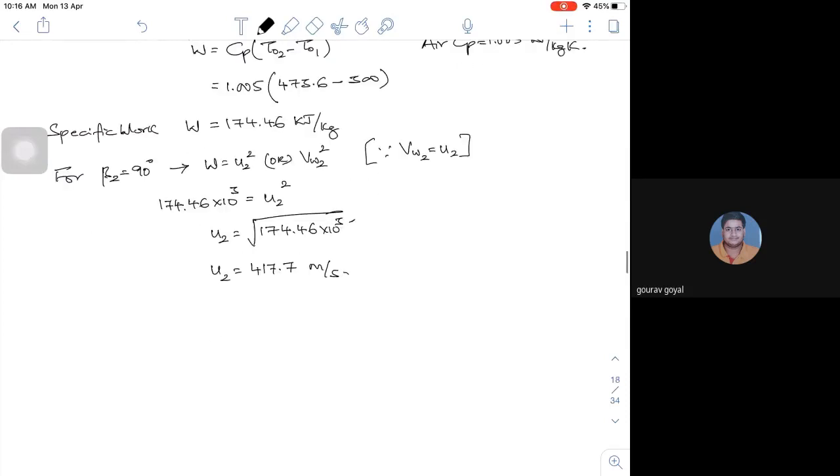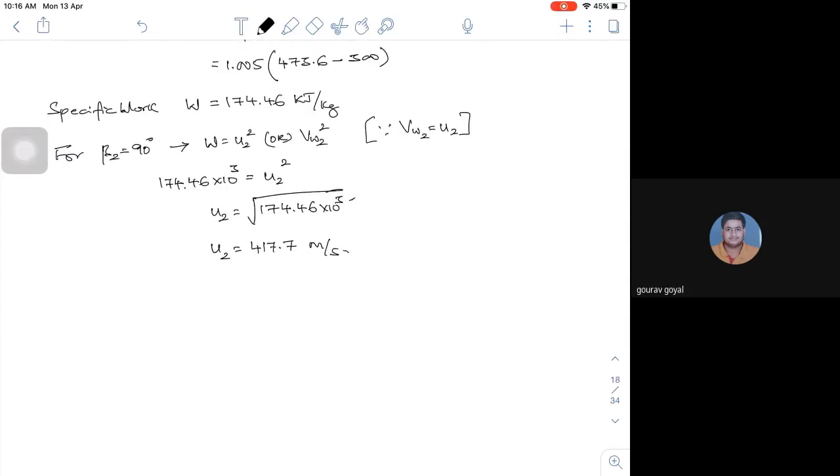They have given the value of Q, so I can find the corresponding density. How can I do it? At the inlet, they are given PV is equal to RT. So I can calculate the corresponding density.